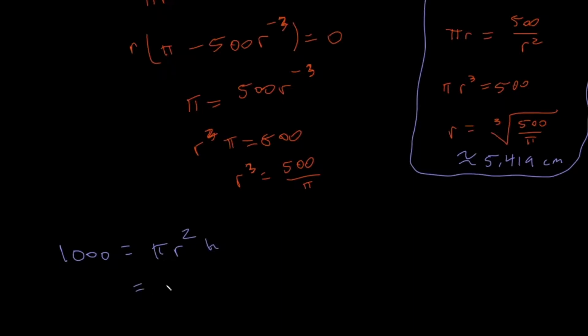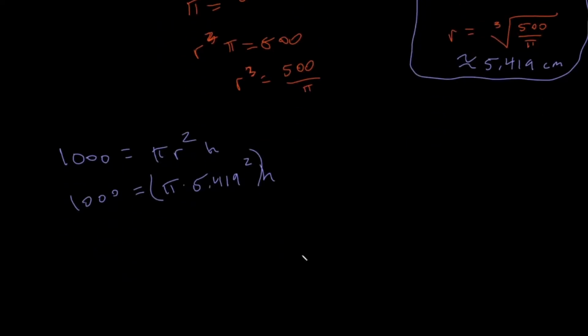Well, we have r, it's 5.419. So if I take 1000 and divide it by pi times 5.419 squared, I will get h.